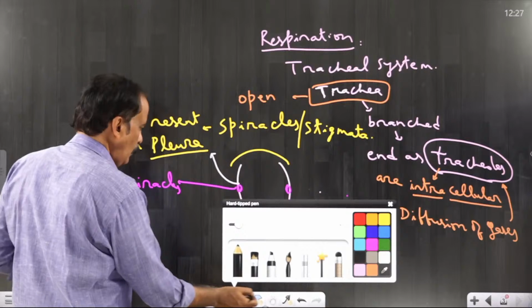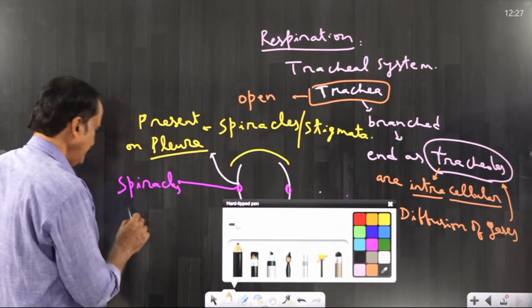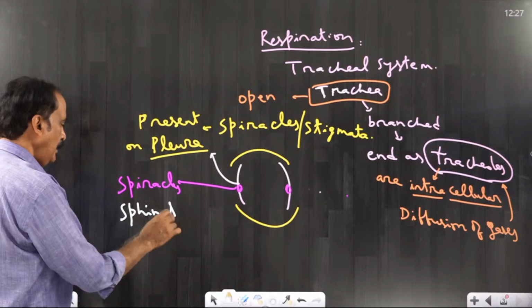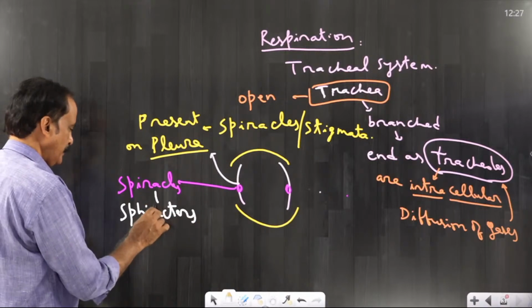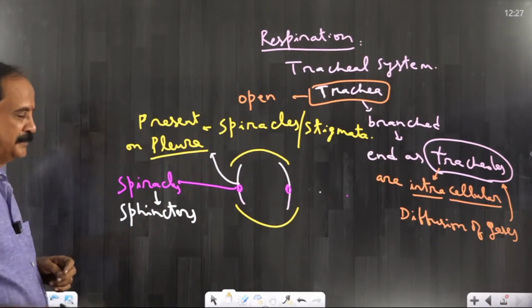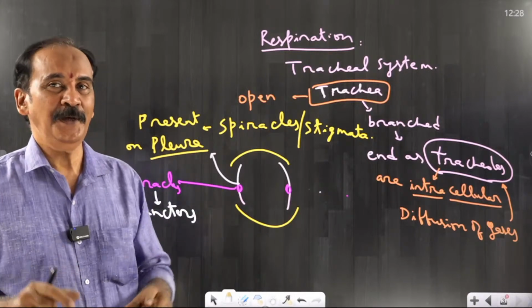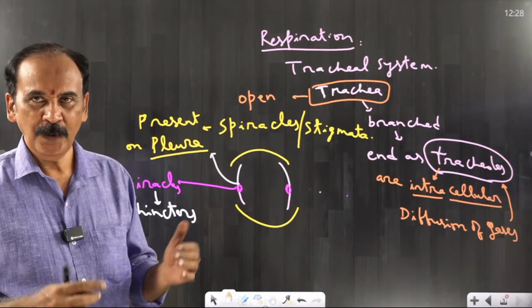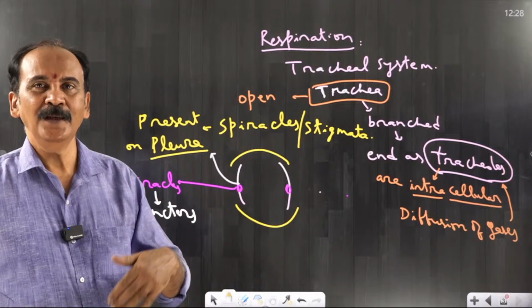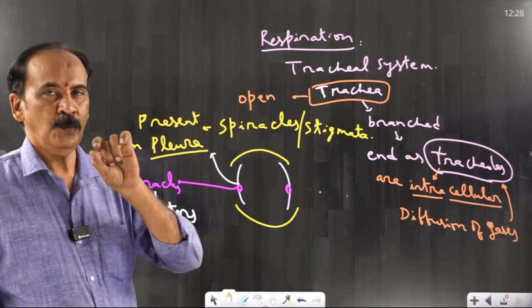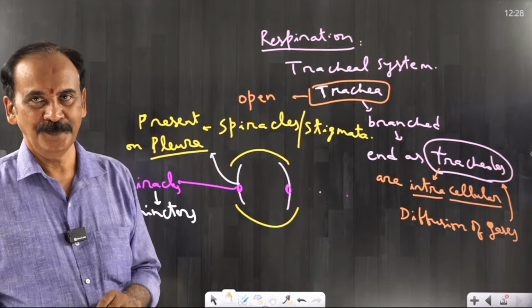Spiracles are valvular, or the book uses the words, they are provided with sphincters. That means spiracle opening and closing is regulated. When the animal wants to take in air or expel air, it regulates this aperture.